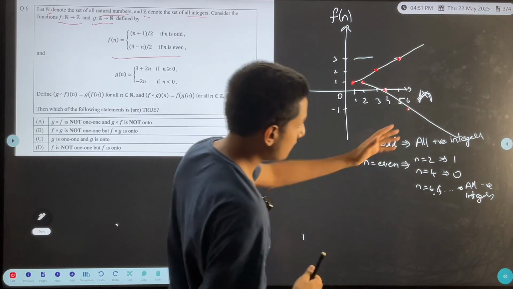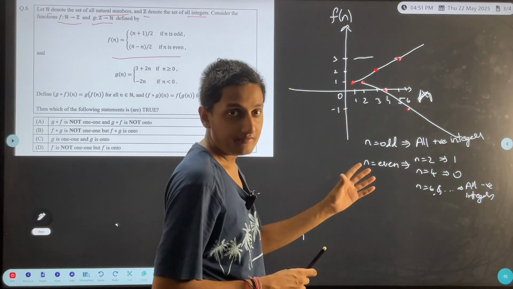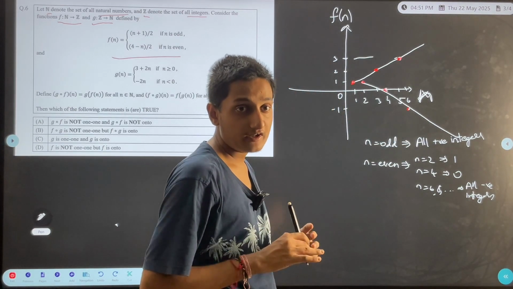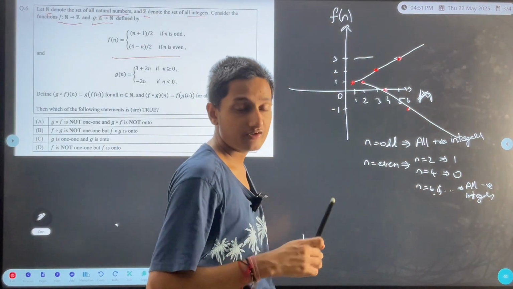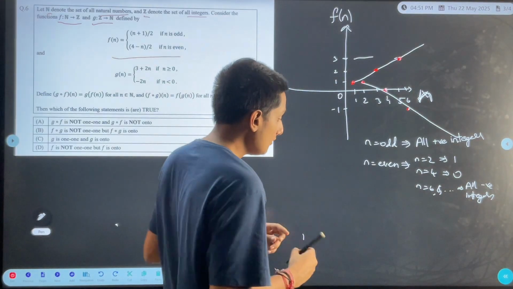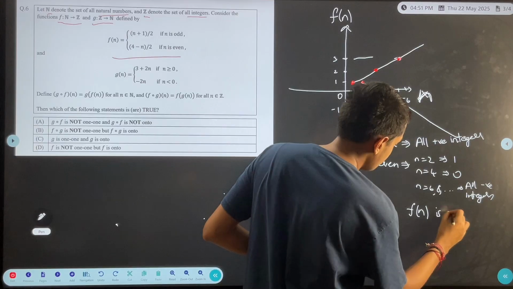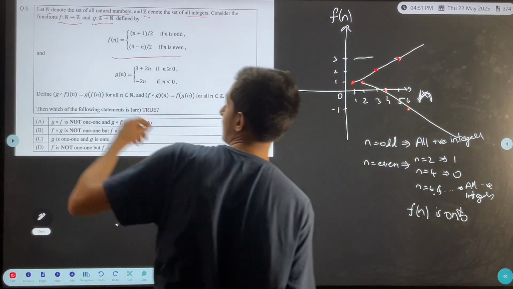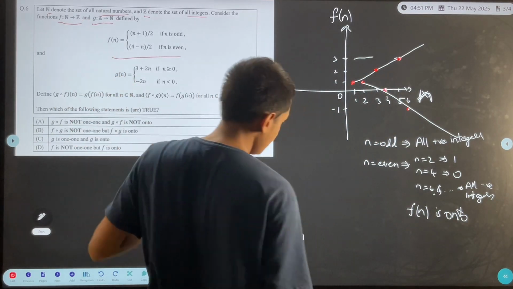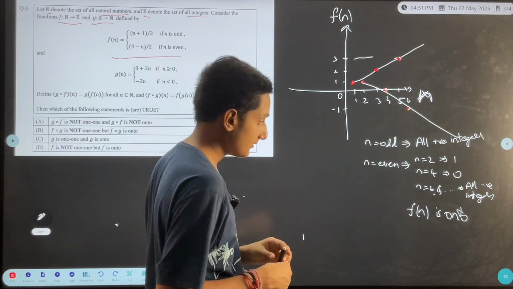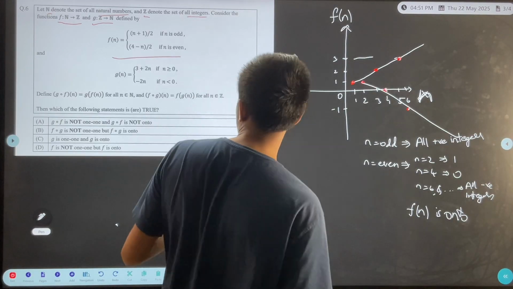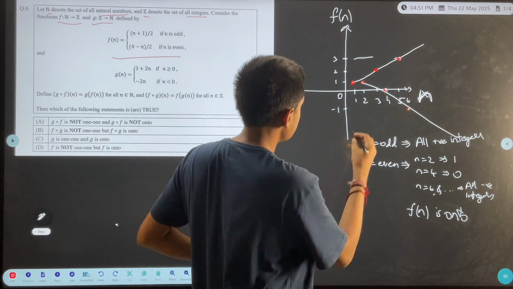So this tells us that f of n will take all the integral values from minus infinity to plus infinity. So which means f of n is onto as the codomain of f, that is z, is also the range of f.